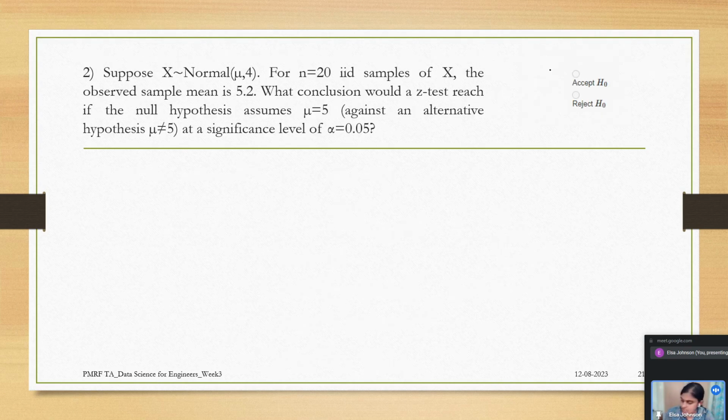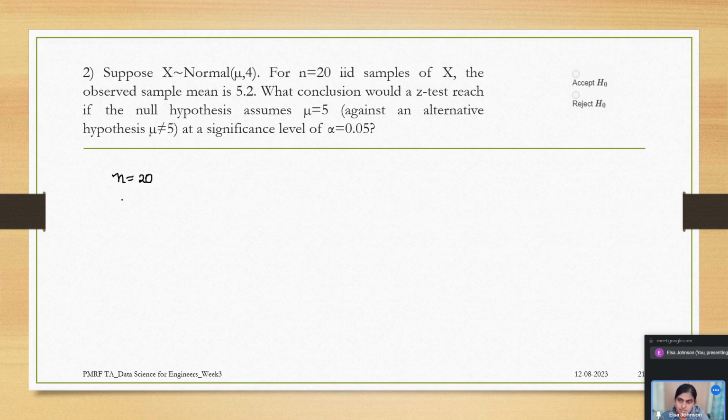So suppose x is given as a normal distribution with mean mu and variance 4. Then for n equal to 20 IID samples of x, the observed sample mean is 5.2. Okay, so what all are given? n is given as 20.